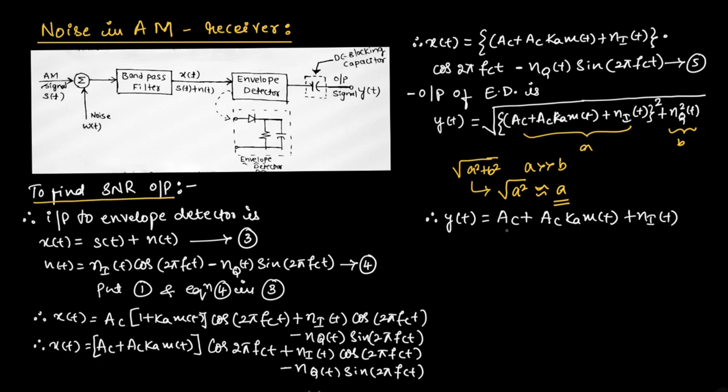In y of t, Ac is a DC component, Ac Ka m of t is a signal component, and nI of t is a noise component.